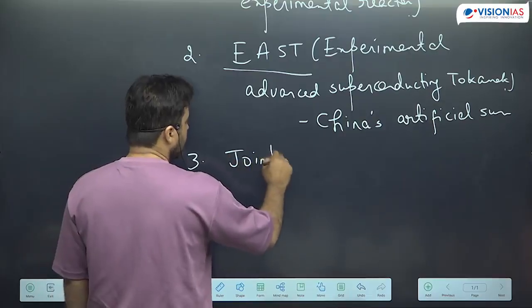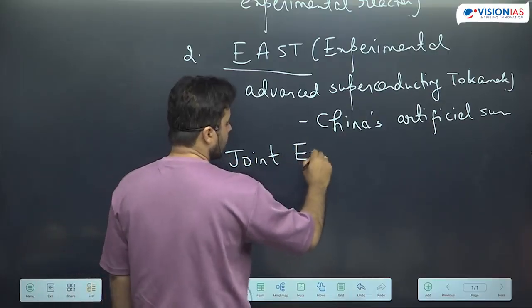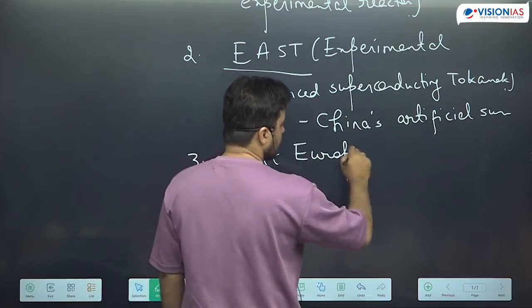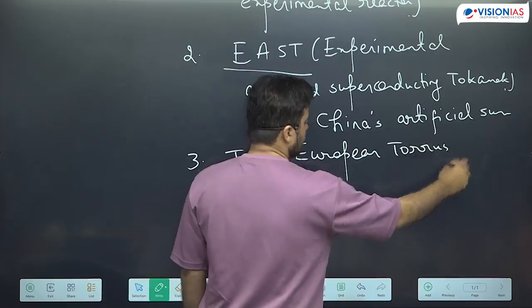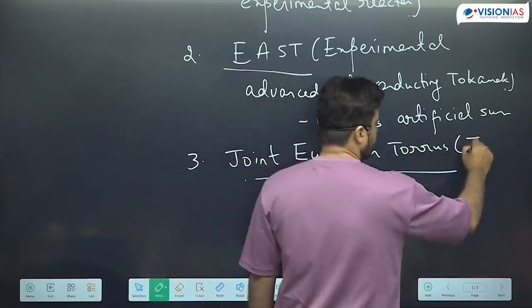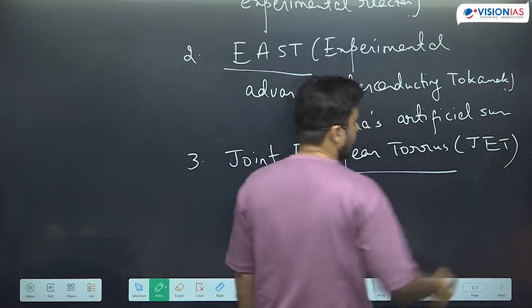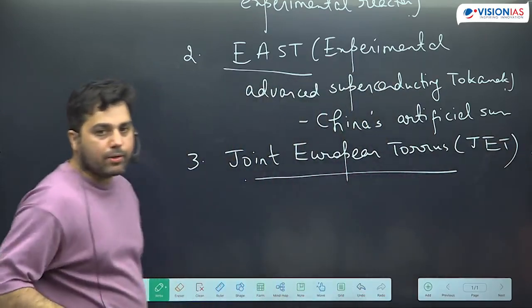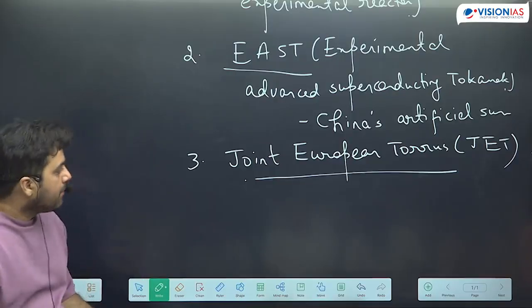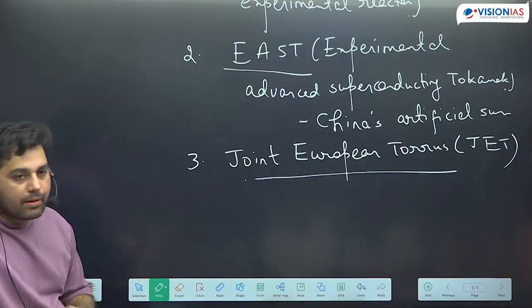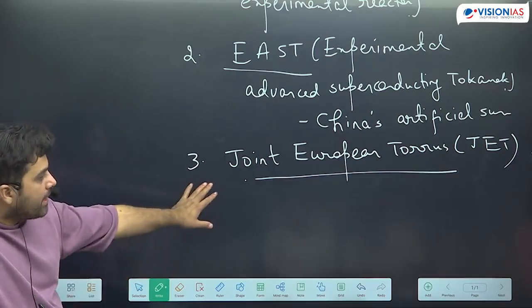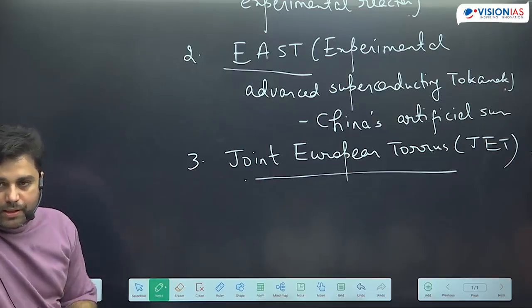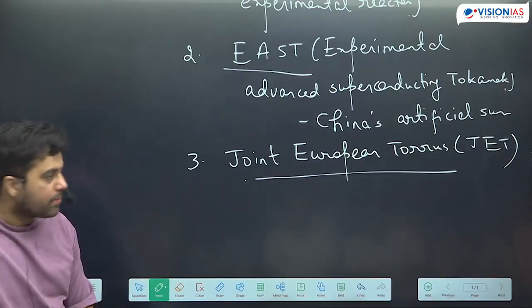A very popular tokamak. Joint European Torus. So European countries, they are part of ITER, but they have their own tokamak called Joint European Torus, which is situated in UK. India इसका member नहीं है. ये mostly this is a collaboration among European countries.